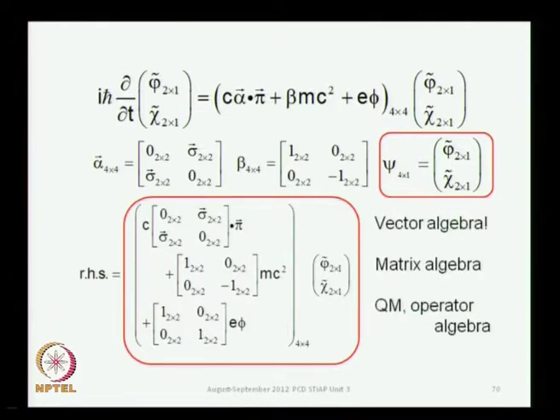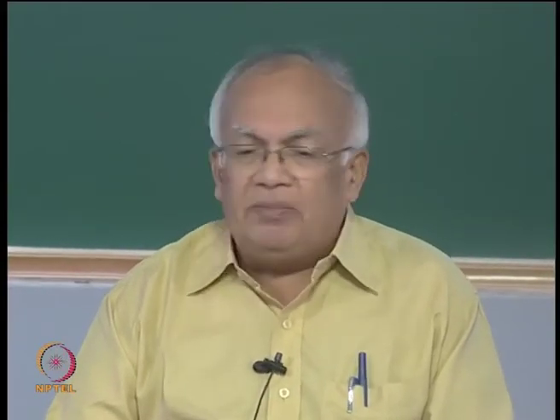You have to admit that vector algebra, matrix algebra, quantum mechanical operator algebra, everything will go together, because the terms that you see in this expression, sigma for example, is not just a vector, it is a vector operator, and it itself has a matrix structure, sigmas are 2 by 2 matrices.